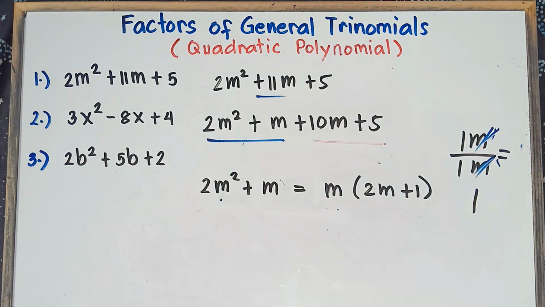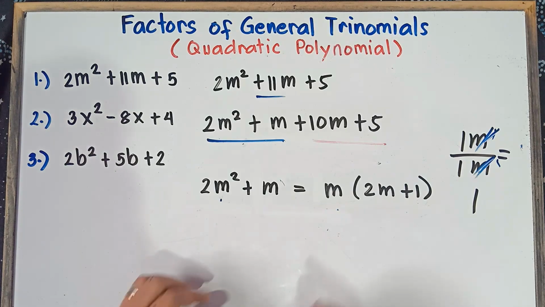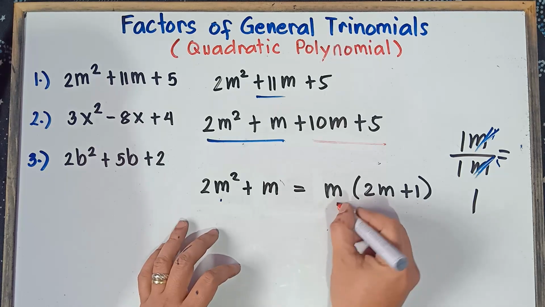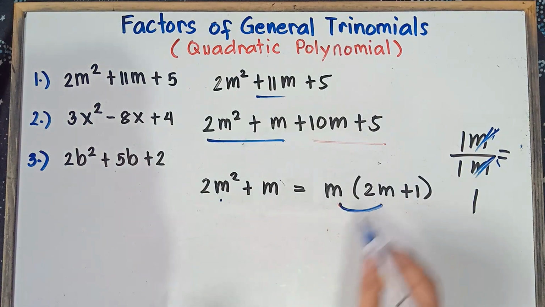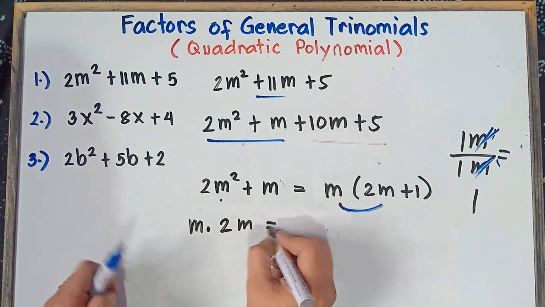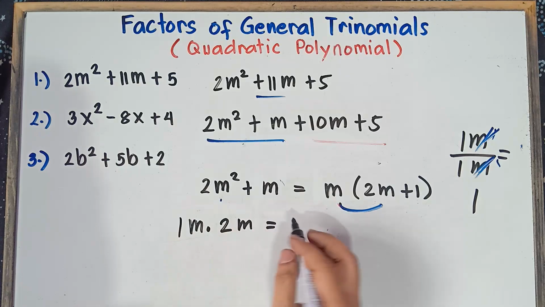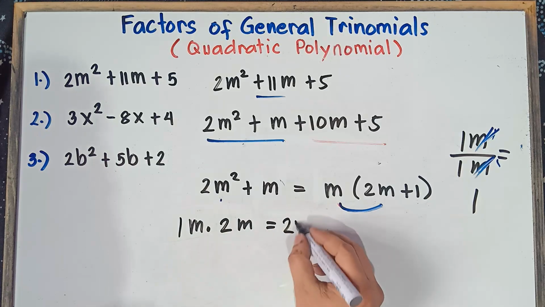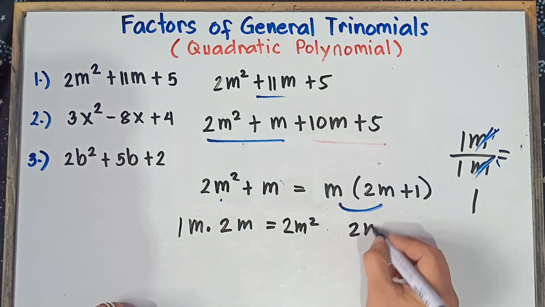Alright, so this will be our factor, class. Once again, class, you can always double check your answer by distributive property. So simply multiply this one. M times 2m. So understood that there's 1 here. 1 times 2 is 2. M times m, that would be m squared. So this is 2m squared.